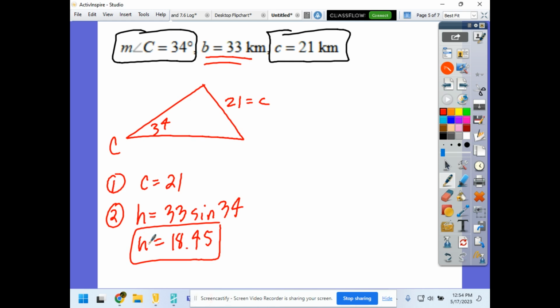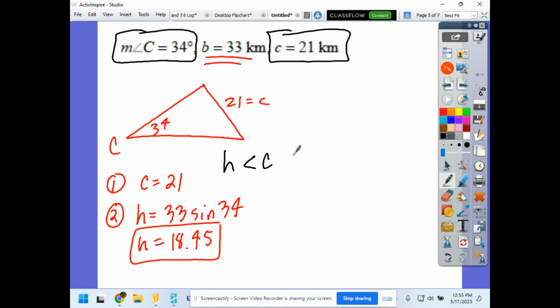So you will see now that the opposite side is greater than the height. But what is your second side? The second side here is B, 33, which is bigger than the height and bigger than the opposite side.